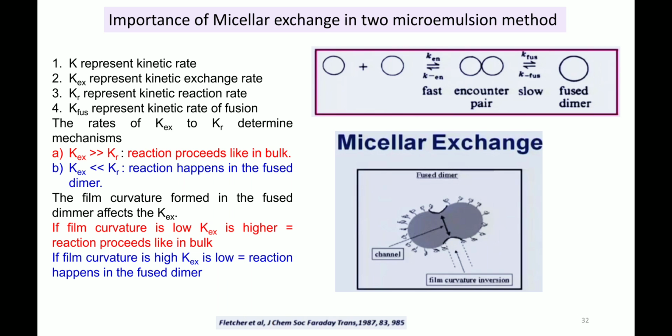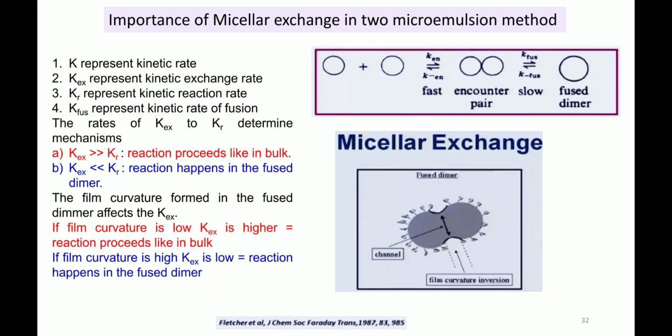That is the important thing: the collision between reactant A and reactant B is fast, but once they collide and start to join together for exchange of reactant A and reactant B, that process is slow.